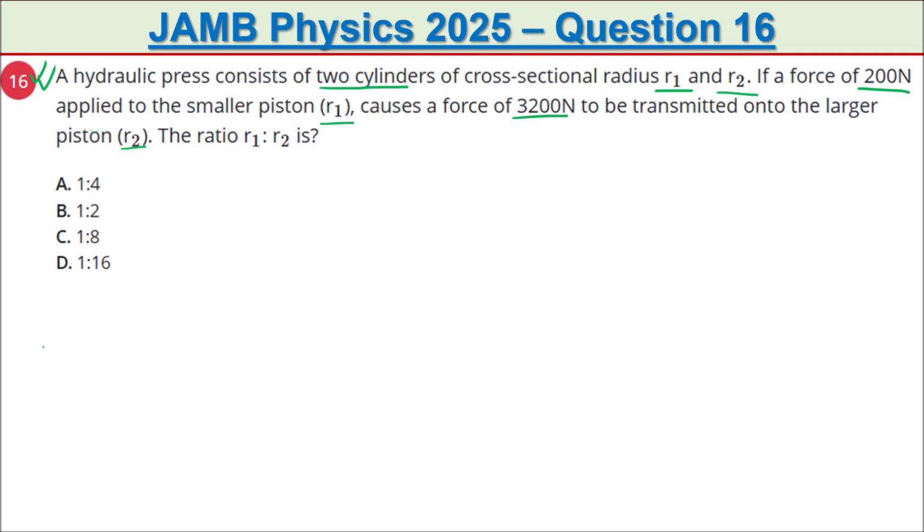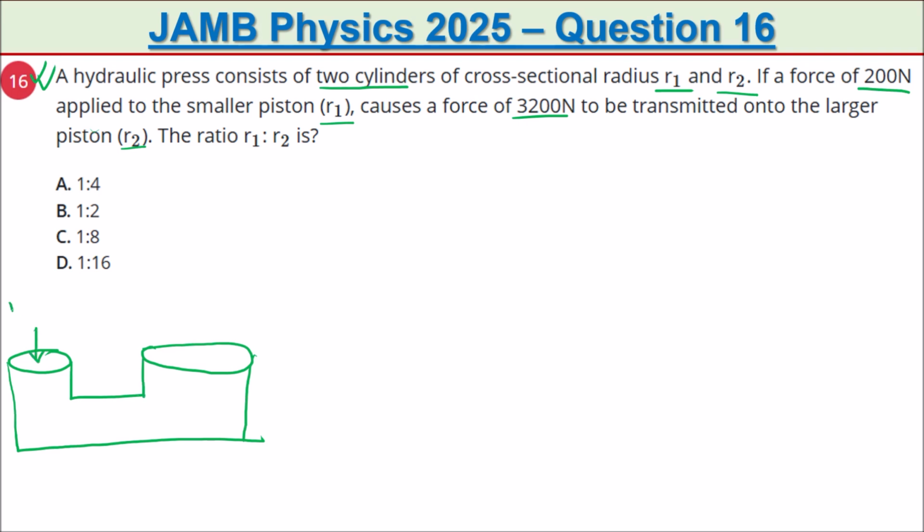I will just have a simple sketch of a hydraulic press here. It has two cylinders, one big one, one smaller one, connected by a continuous enclosed pipe. We have force 1 being applied here, which is equivalent to 200 newtons, and we have force 2 which will be generated here, which is equivalent to 3,200 newtons.